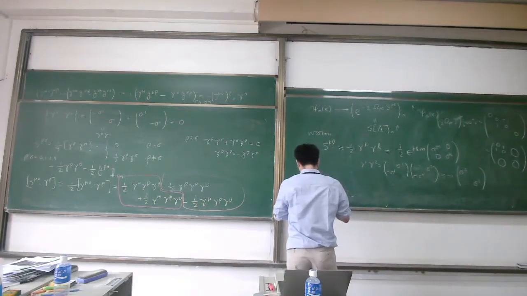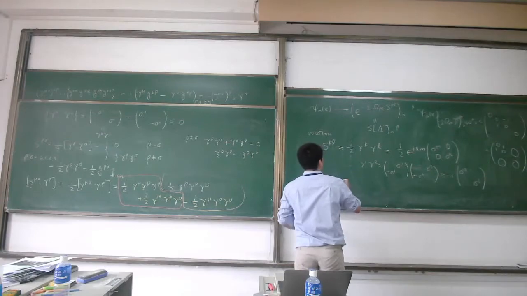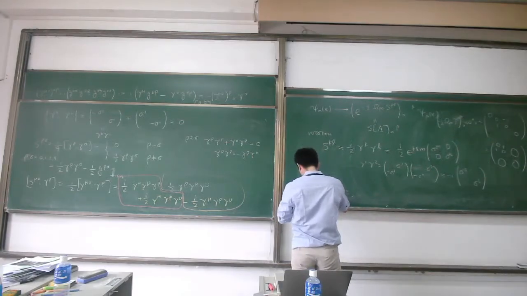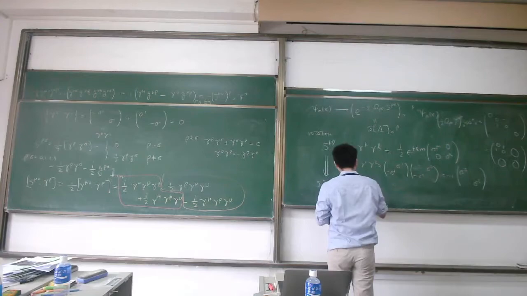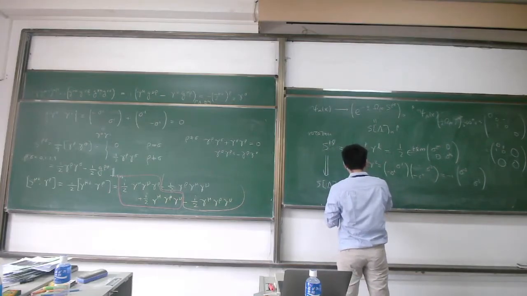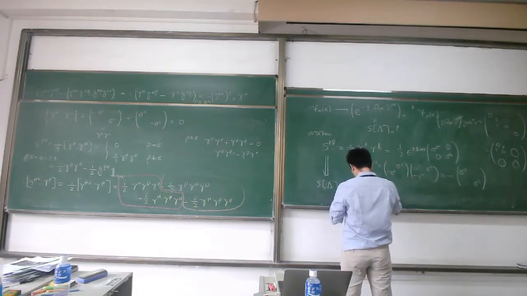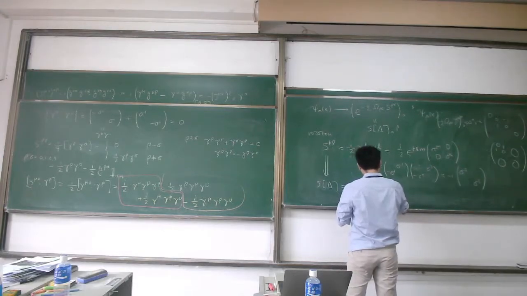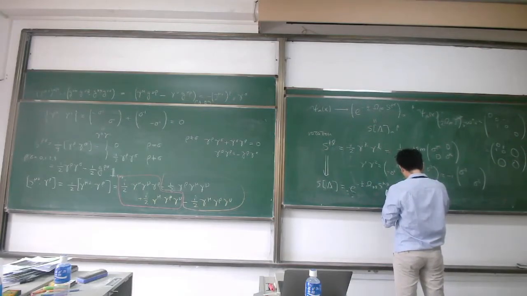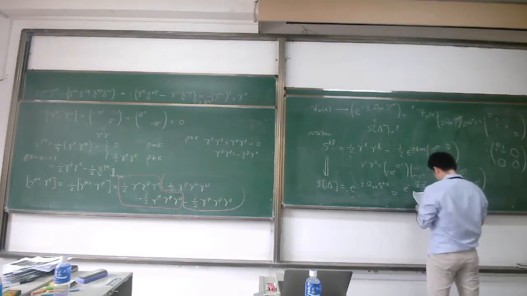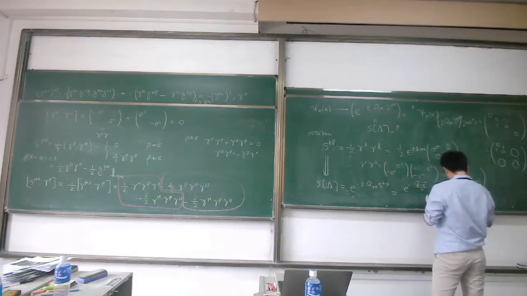And then if you exponentiate S of lambda for this guy, e to the minus i over 2 gamma KL SKL, this is equal to e to the minus i phi n sigma over 2, and e to the minus i phi n sigma over 2, and 0, 0.